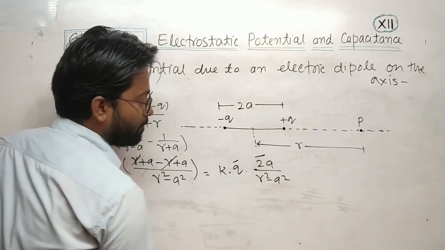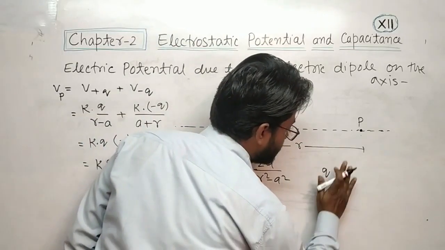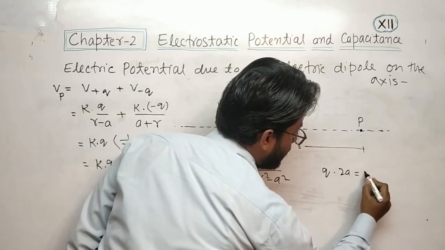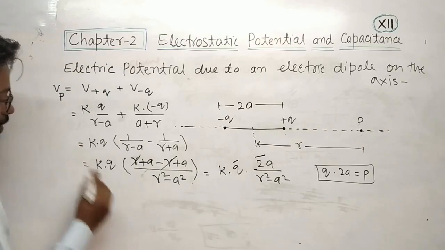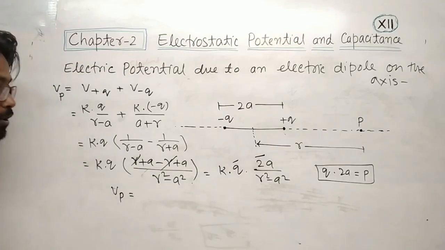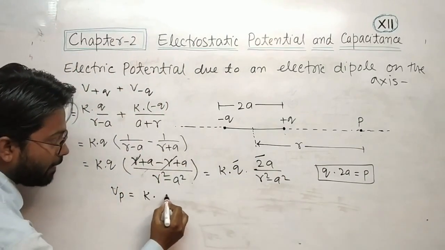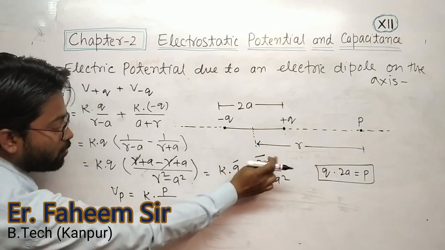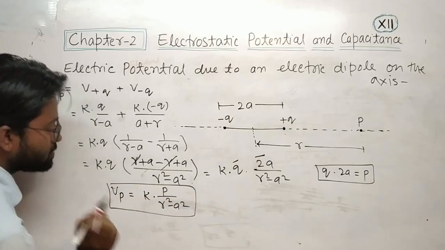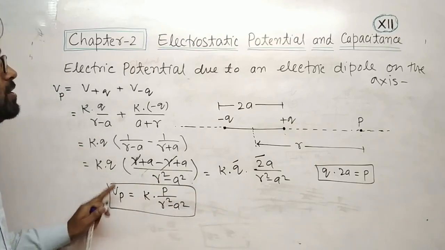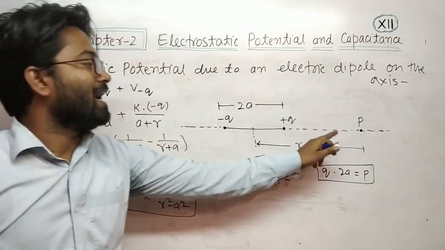Q into 2A we know is equals to P, that is electric dipole moment. Or we can say that electric potential at point P is equals to K P upon R square minus A square. This is the formula of electric potential due to an electric dipole on the axis of the dipole.